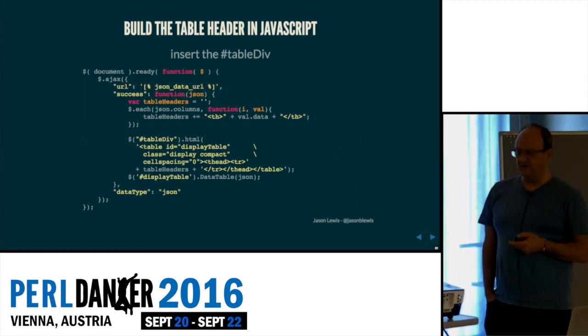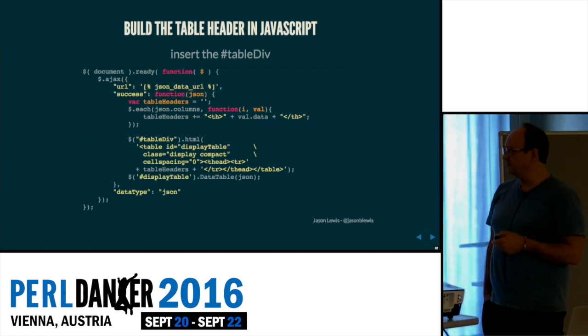In your view, you need this little bit of code which you pass the columns you want to render, and you build an HTML table header out of those columns. You set the ID of the table here, and then you tell DataTables you want to apply it to that ID here.